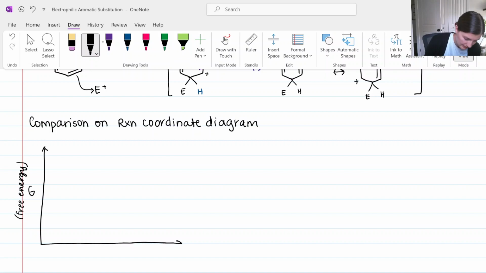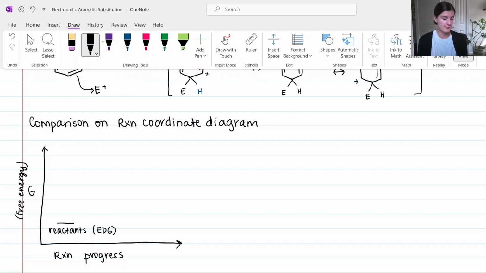The x-axis is reaction progress. And in both cases, we start with the same energy of reactants. We have our electron donating group. We're adding the same electrophile in both cases.